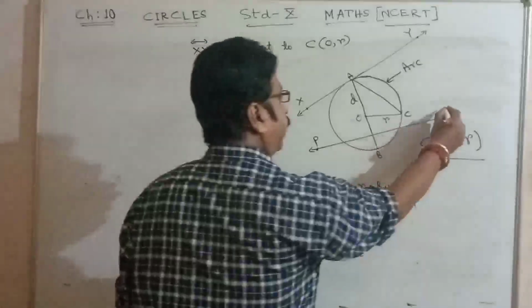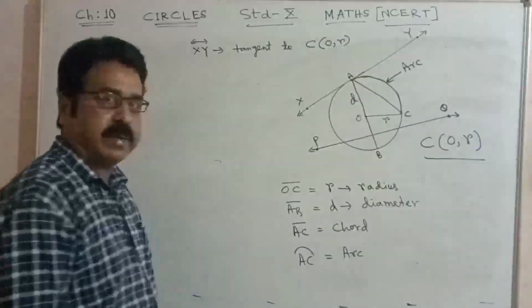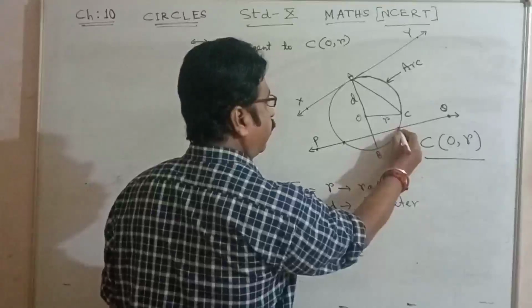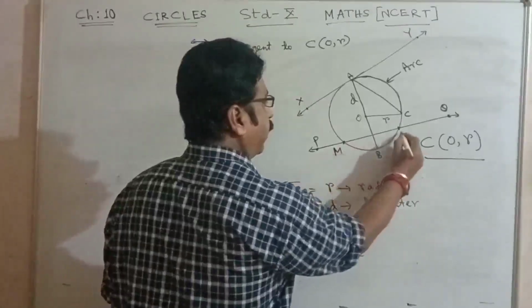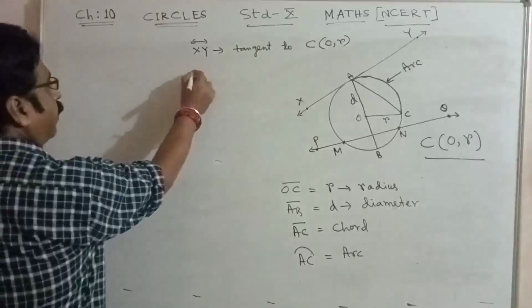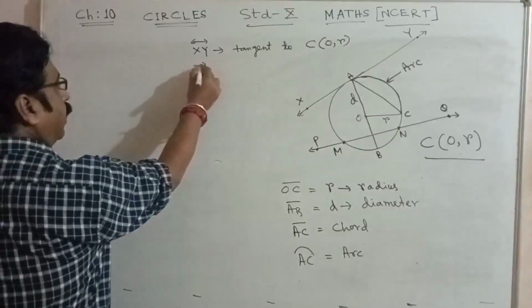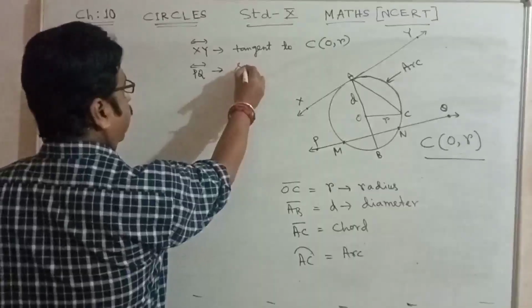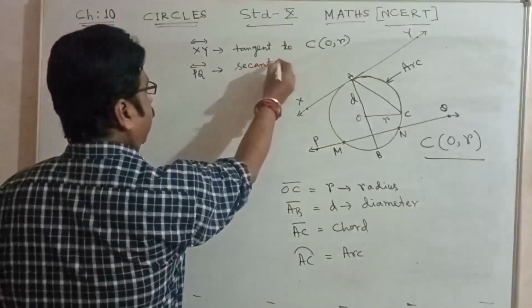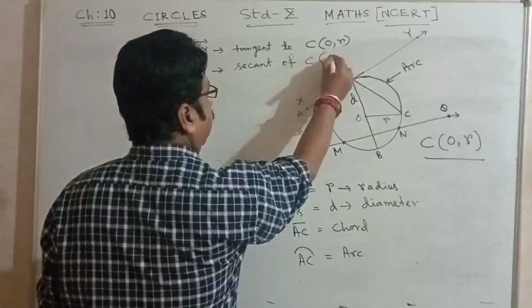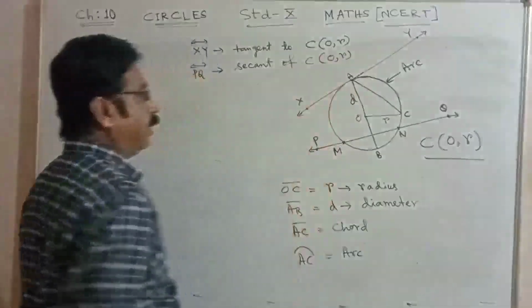Suppose it is PQ, it is intersecting the circle at 2 points, these 2 points M, N. Then PQ will be the secant of the circle C(O, R).